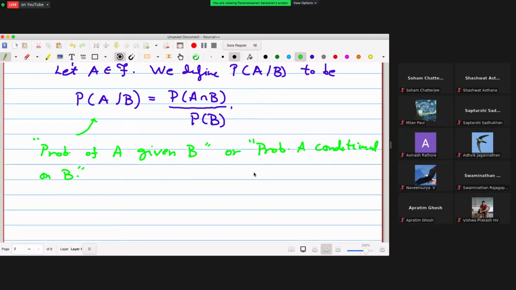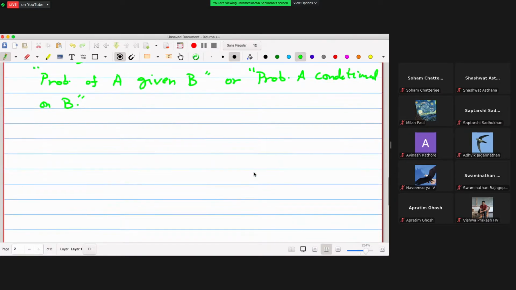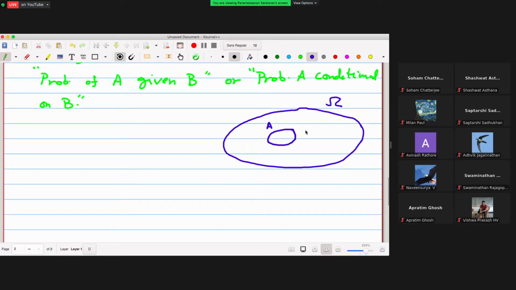So in other words, it's like you have the sample space. Let me draw a diagram. This is your omega, and A is here, and B is here, maybe partly overlapping. It may not overlap also.